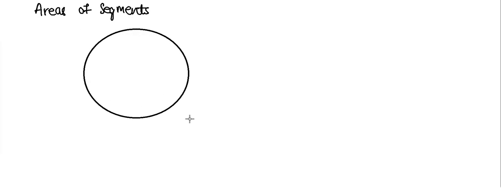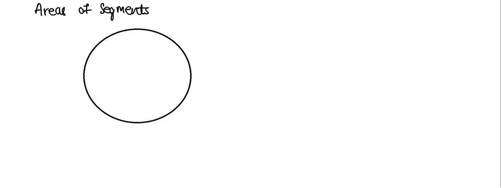Let's just remove that for now as well. Okay. So now let's try to find areas of segments. Quick revision. What was the line that divided a circle into two separate segments? Good, a chord, right? The line that divided the area into two segments was called chord.